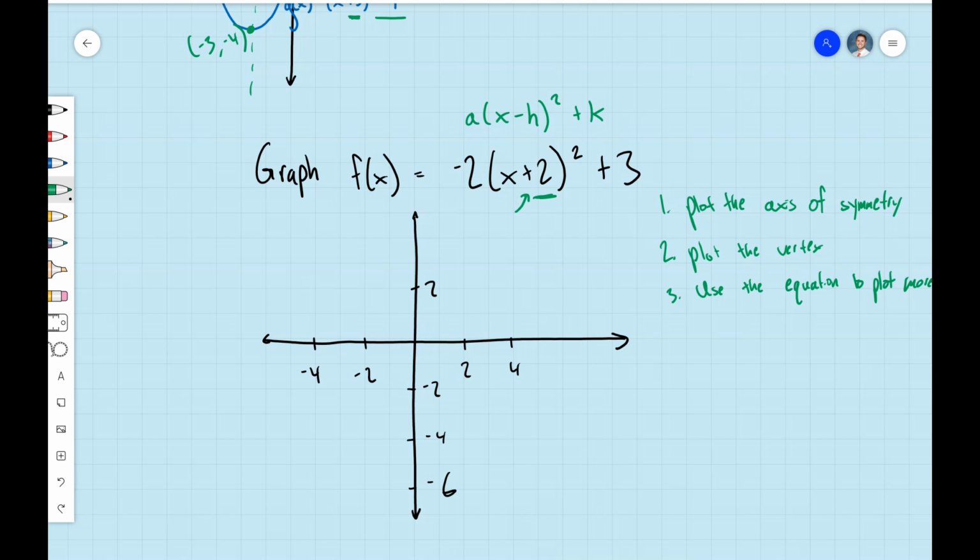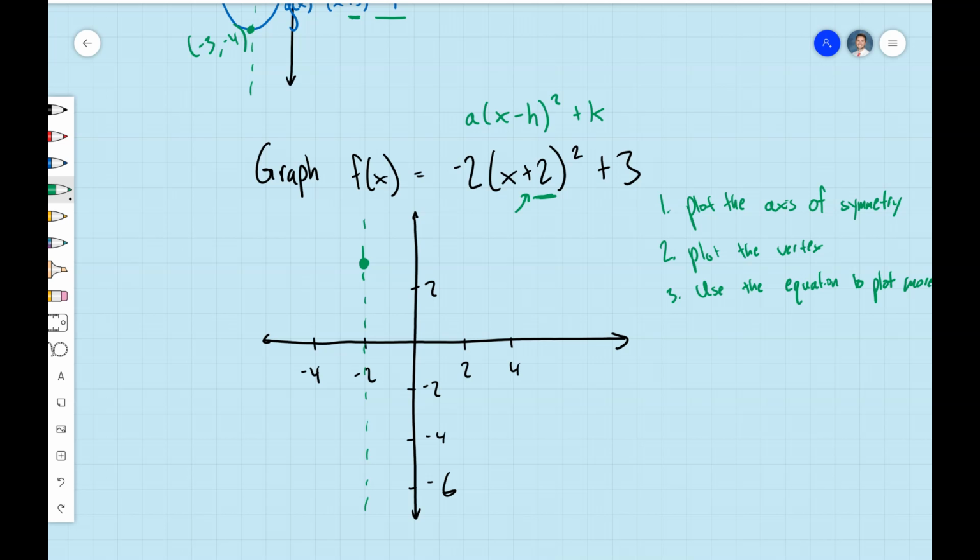So our axis of symmetry is going to be at negative 2. Then we can go ahead and plot our vertex. We know that our vertex is at h, k, so that means negative 2, 3. So there's our vertex.